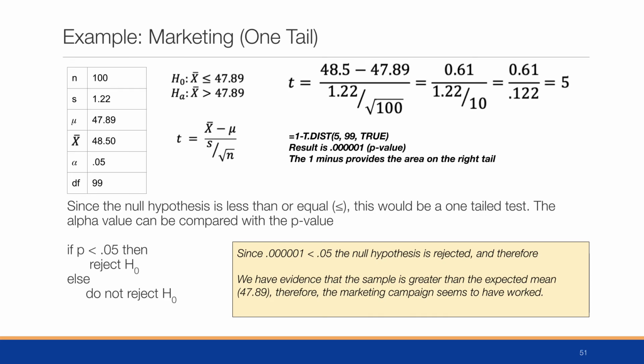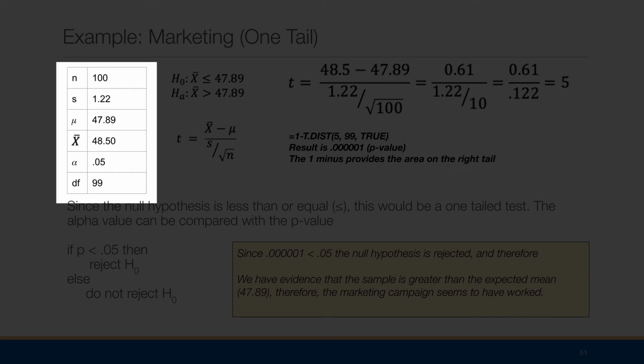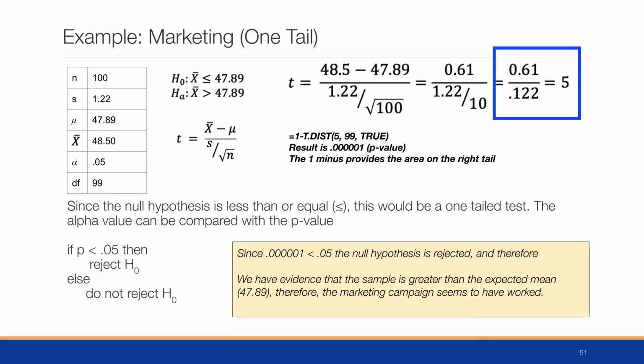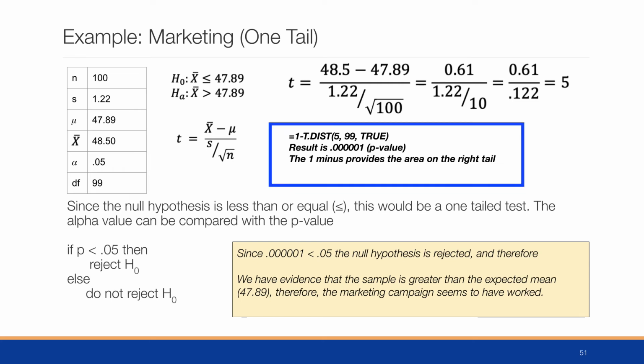In this case, we've set everything up and we've computed the t-statistic to be 5. Because 5 is positive, we're on the positive side, we're going to do 1 minus because it means we're on the right side of this distribution. 1 minus t.dist 5, 99, true. Our result is going to be 0.000001. That gives us the area for the right tail.